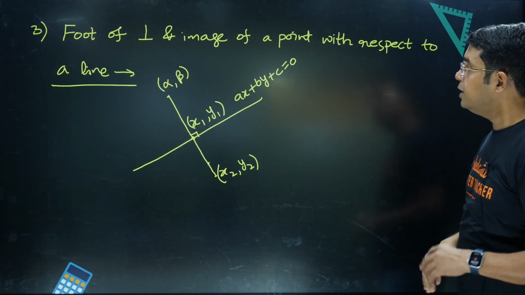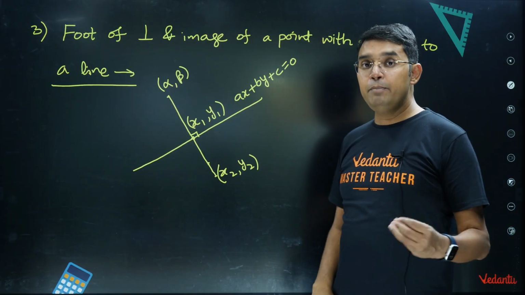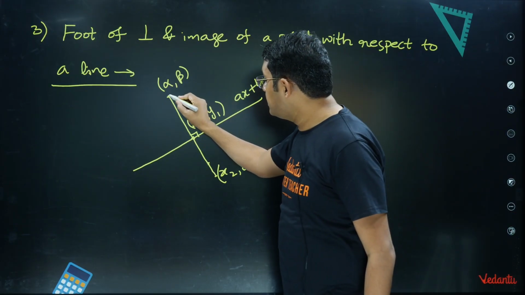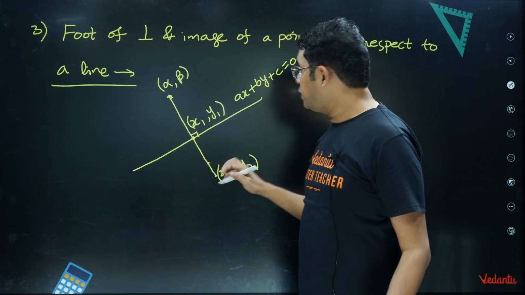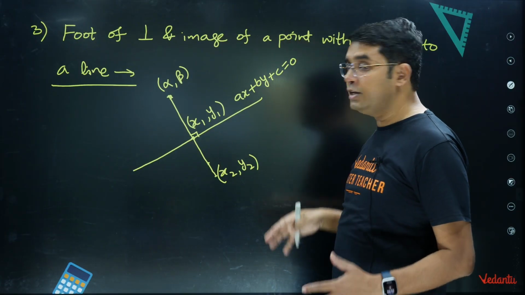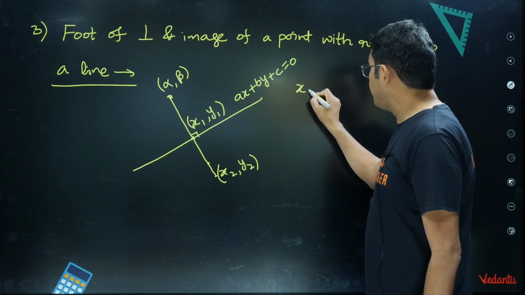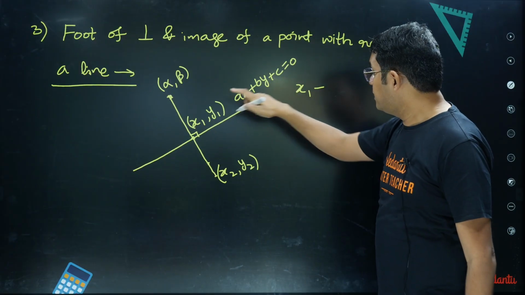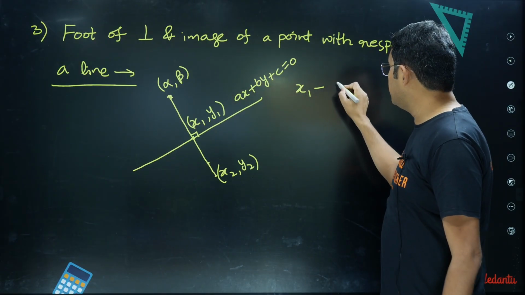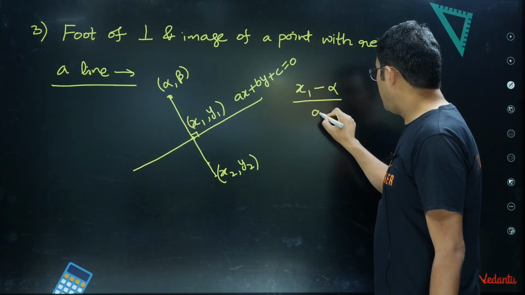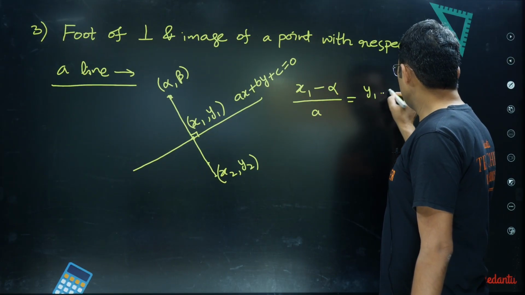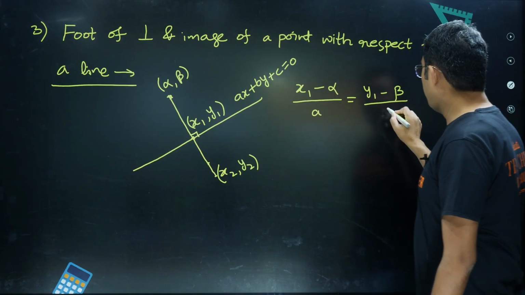And then the last, foot of perpendicular and image of a point. Suppose there is a point alpha beta and its foot on the line ax plus by plus c is to be found, and it is x1 comma y1. Then this x1 can be found directly by writing this result: x1 minus alpha upon a is equal to y1 minus beta upon b.